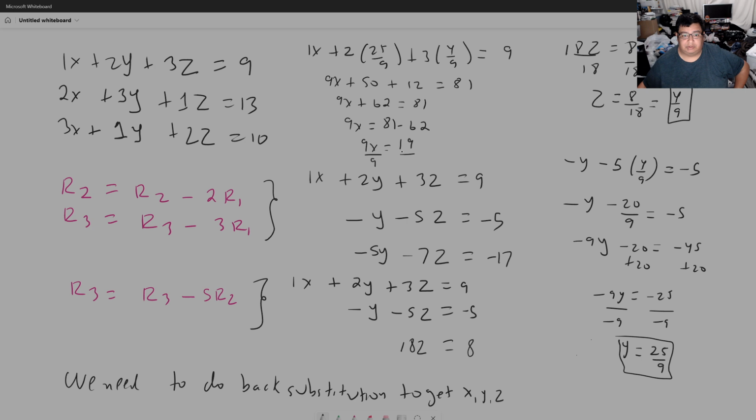So x is equal to 19 over 9. That will be our third variable. So z is equal to 4 over 9, x equals 19 over 9, and y equals 25 over 9.